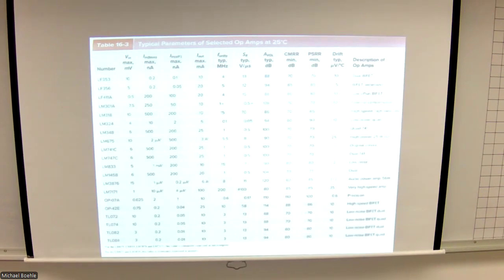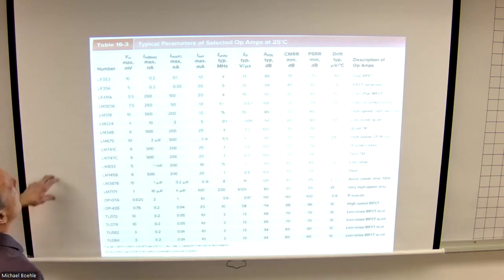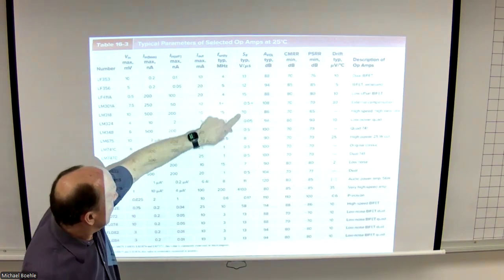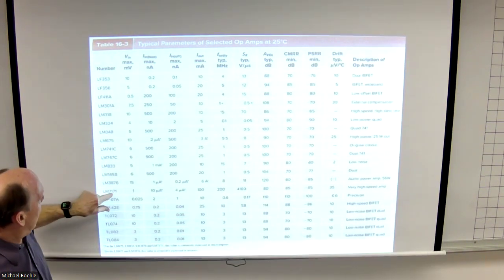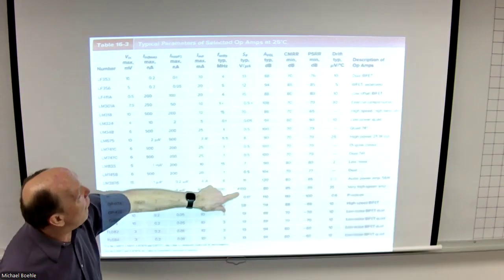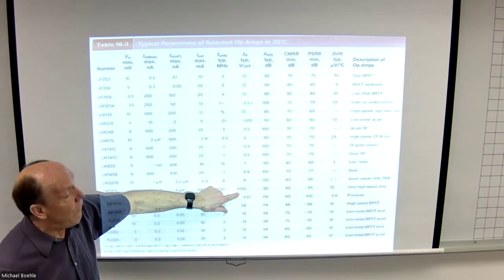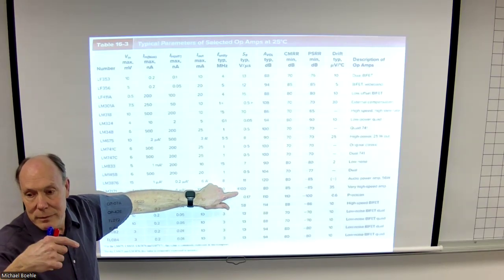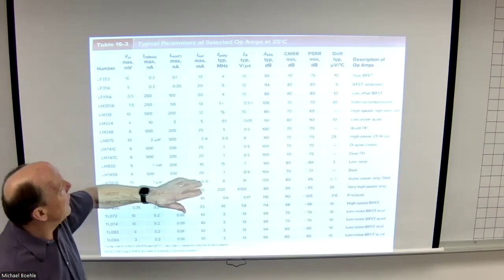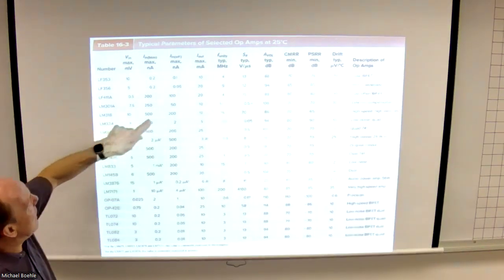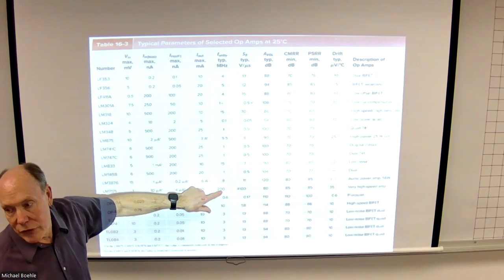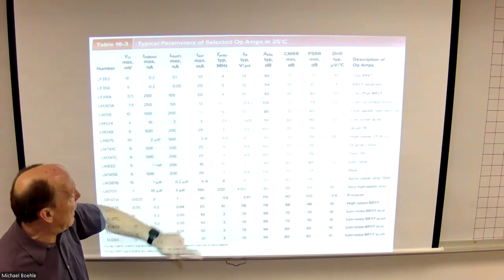Here are some other op amps. Remember I said earlier, there are a lot of different op amps out there. What am I looking for? Do I want a really high slew rate? I've got one right here, LM7171, 4,100 volts per microsecond. By the way, the slew rate is also associated with, typically, the unity gain frequency: 200 megahertz. Pretty high.